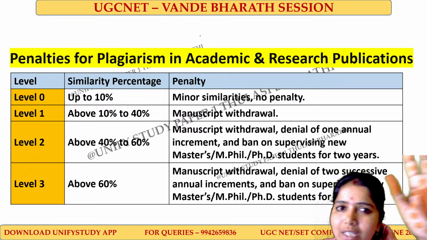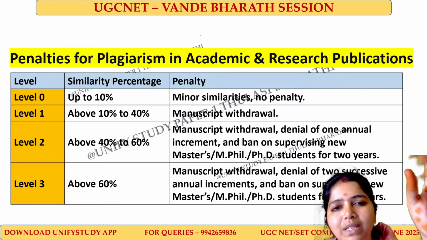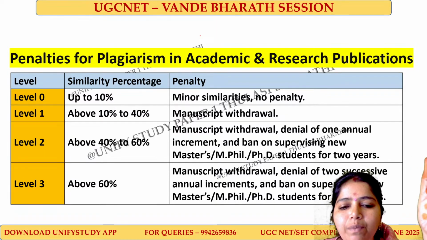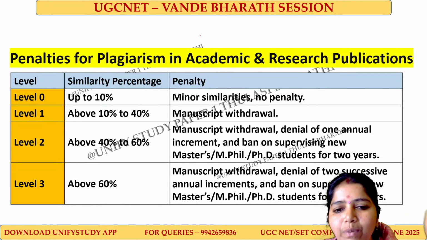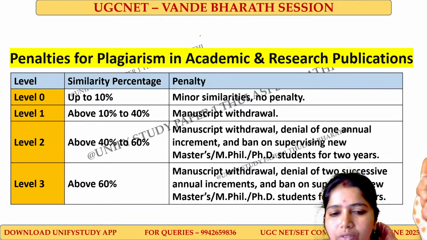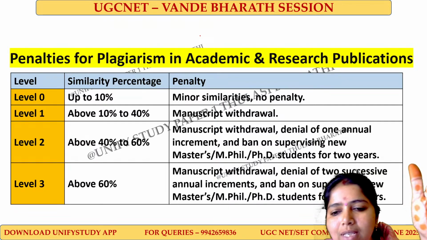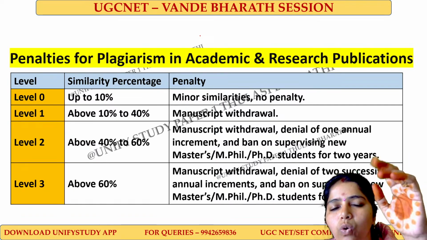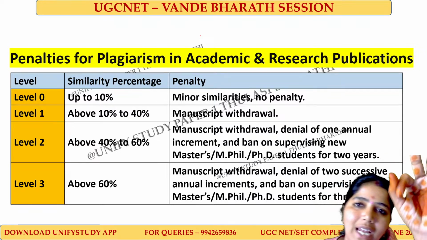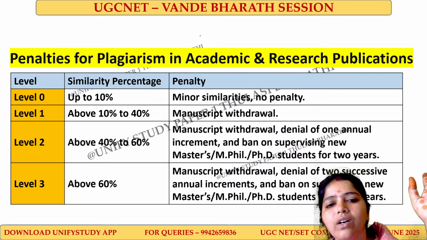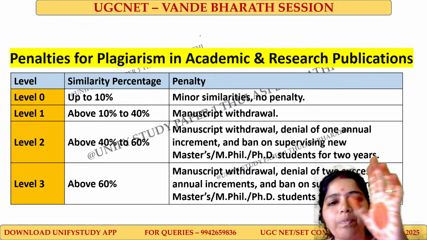If it is 10%, no penalty. 10 to 40% means withdrawal. 40 to 60% means one annual increment will be cut, and for 2 years they are not able to supervise master's, MPhil and PhD students. Above 60% means 2 annual increments will be denied, and for 3 years no new master's, MPhil and PhD candidates can be trained. Okay, so these are the things with respect to plagiarism.